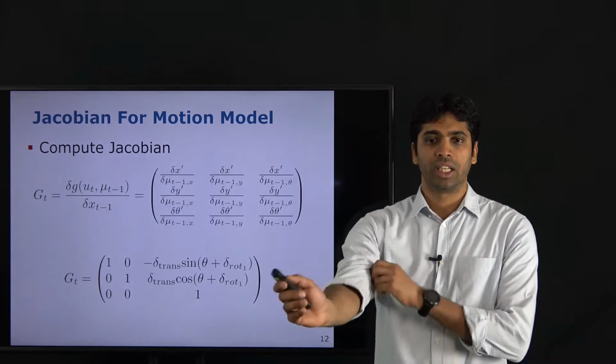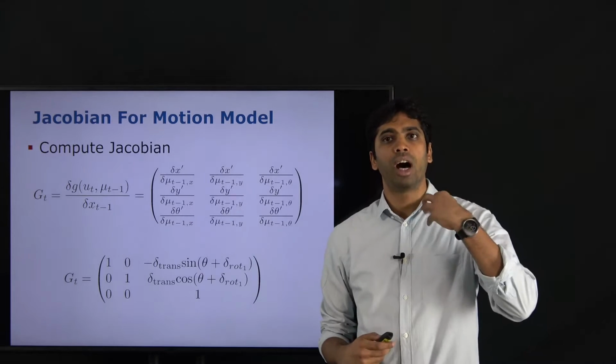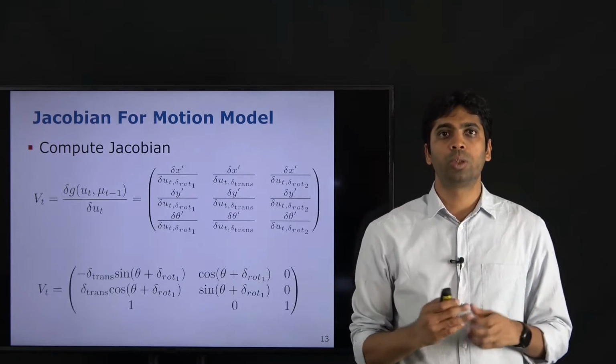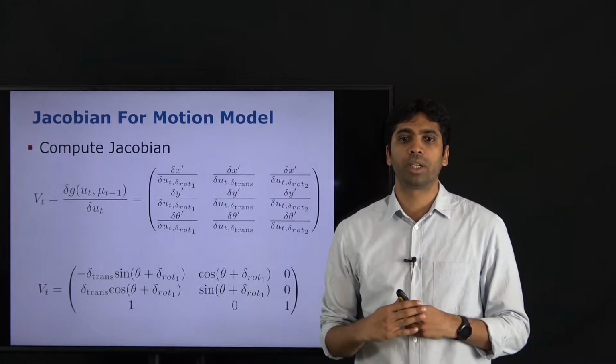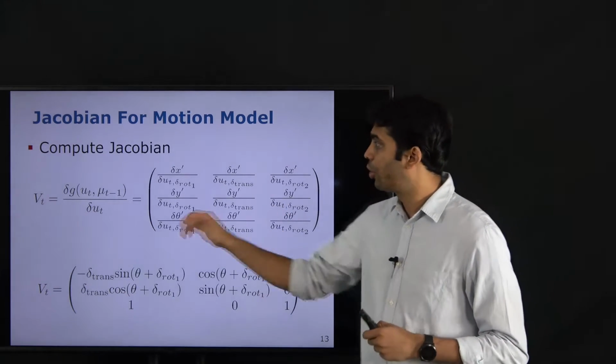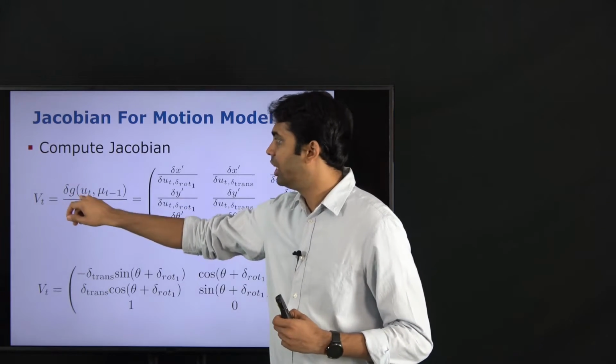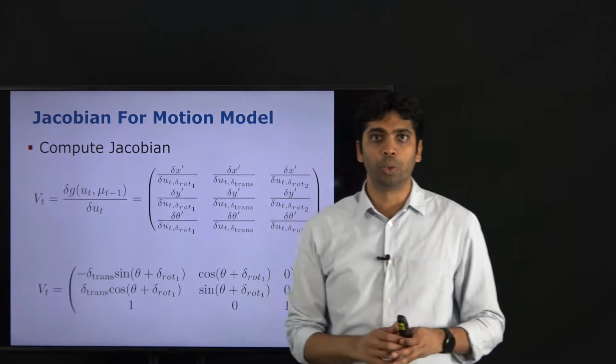Like we did this Jacobian for the motion model with respect to the state, we should also do this linearization with respect to our control inputs. So here we take the derivative of g with respect to our controls u.